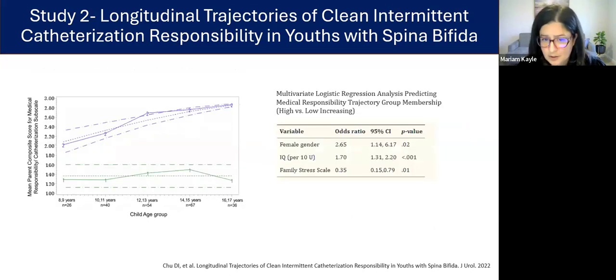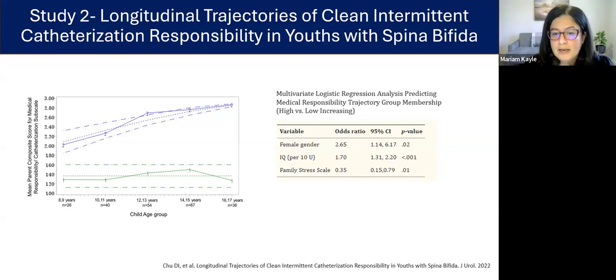And so we did a logistic regression, and we found, not surprisingly, that higher IQ, because spina bifida can affect IQ, was associated with higher odds of being in this increasing trajectory. For every increase of about 10 units of IQ, the odds increased by 1.7 of being in this high independence group.